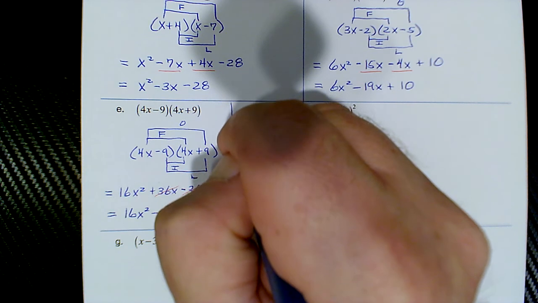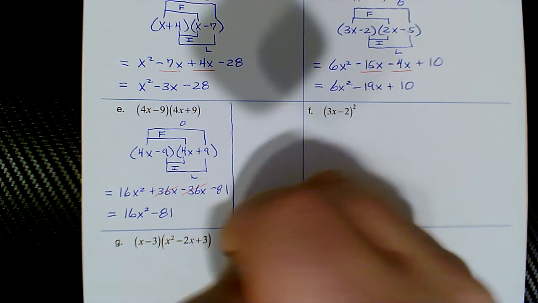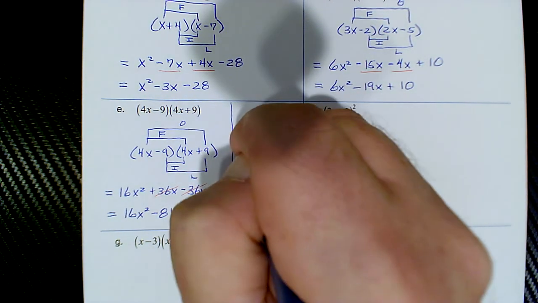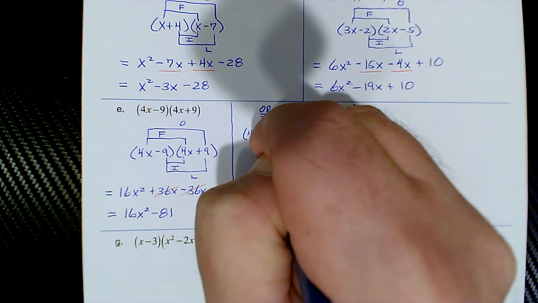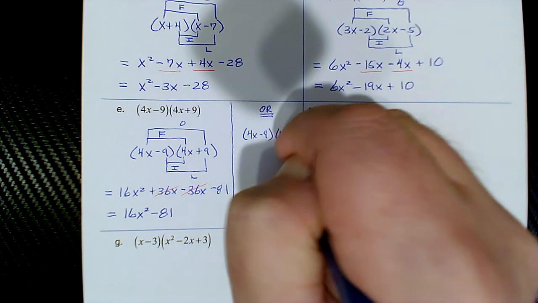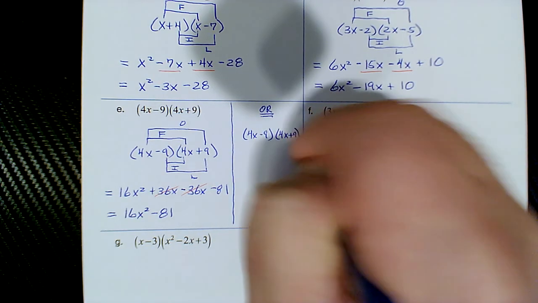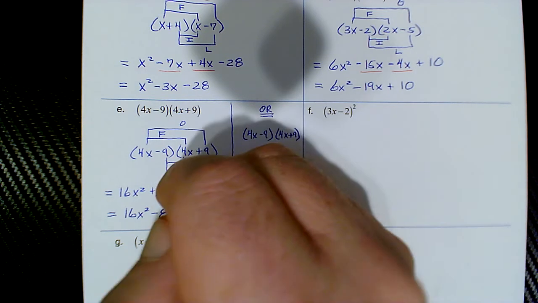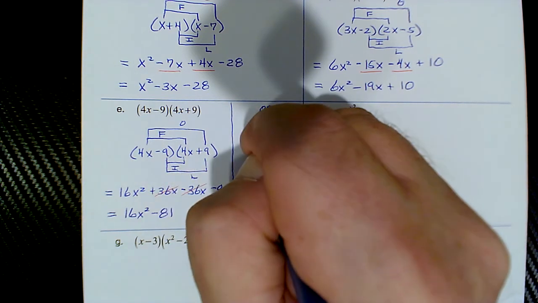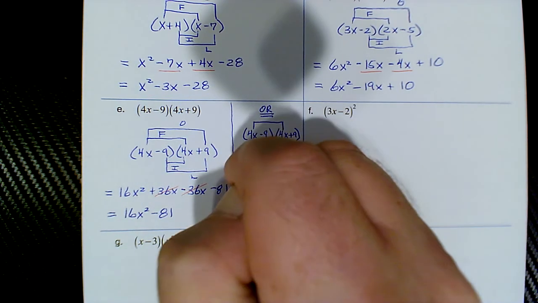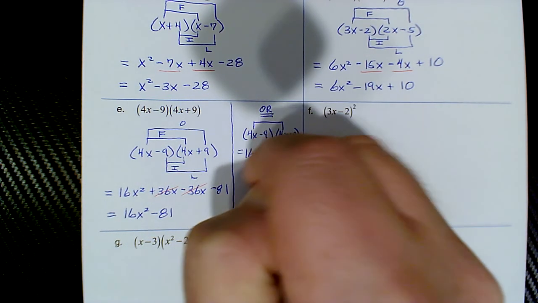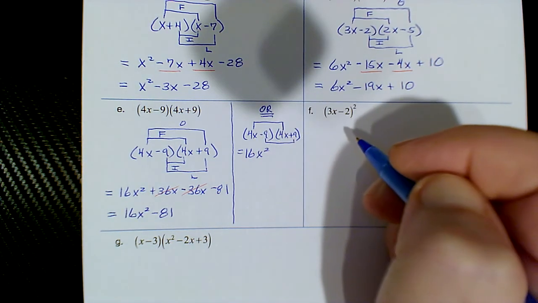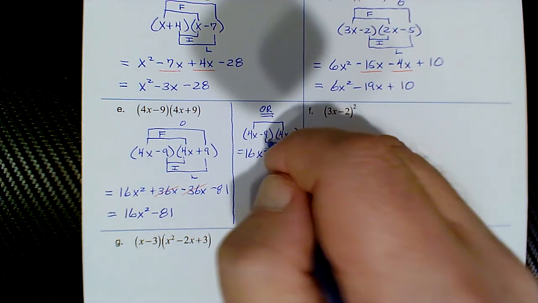And if you wanted to, by the shortcut method, recognizing it as the difference between two perfect squares, the outers and inners, you know, are always going to cancel. So you get just the product of the first, or 16x squared, and then plus the product of the last, which is minus 9 times 9, or minus 81.